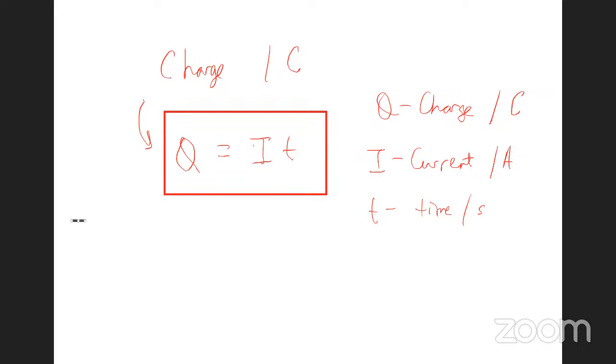Let's just do one example on this now. Easy example, real easy.